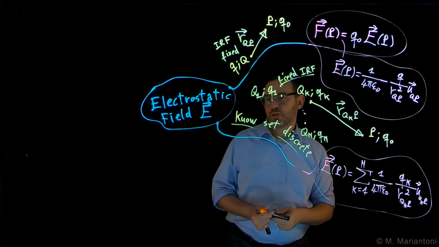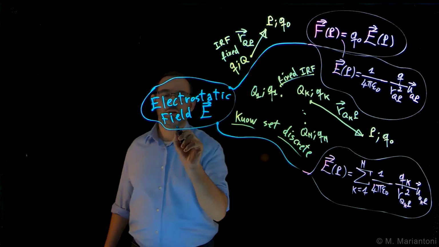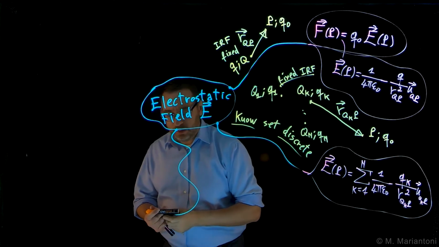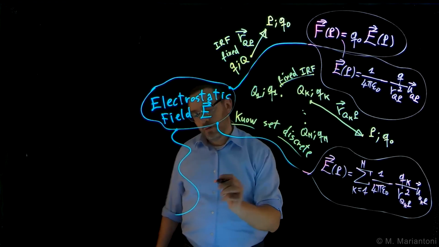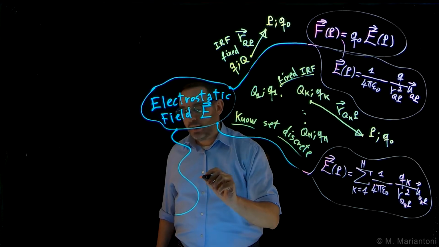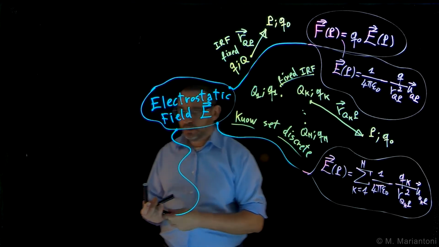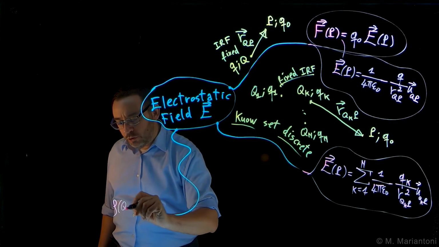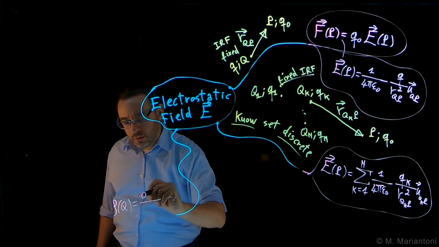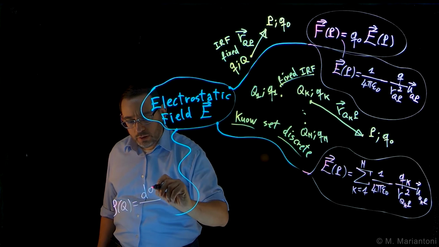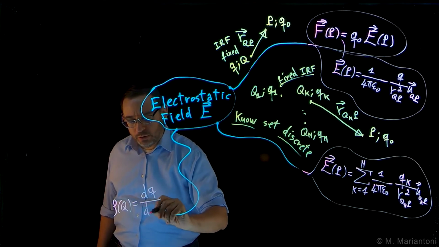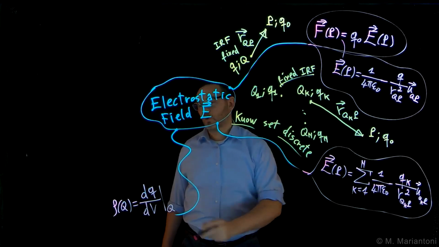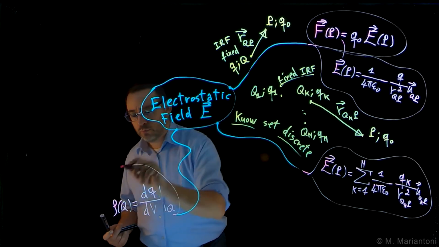We then introduce the concept of continuous charge distributions, and to do that, we had to define a quantity. For example, we define rho, the volumetric charge density, at a point capital Q as the derivative of the charge with respect to a volume element calculated at point capital Q, in Coulomb over meter cubed.